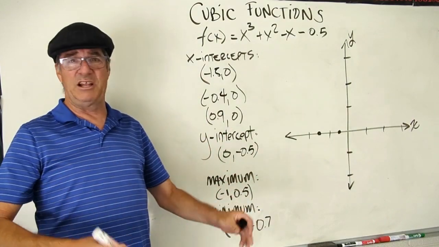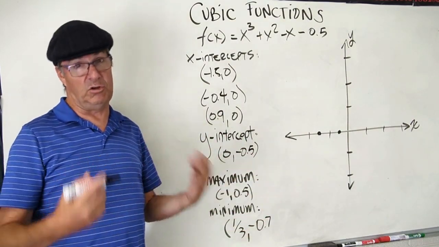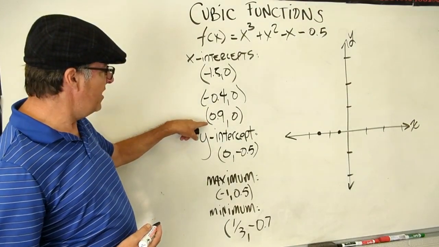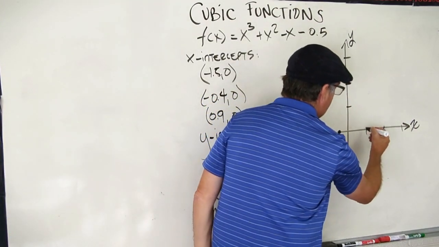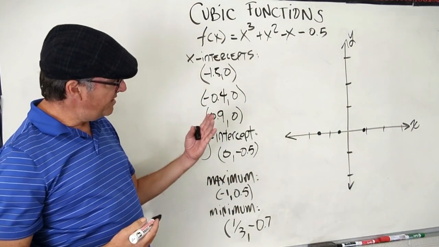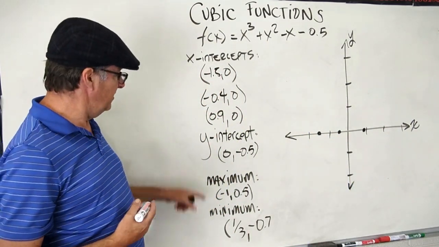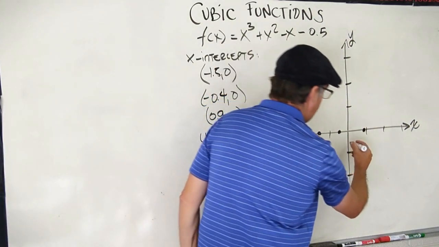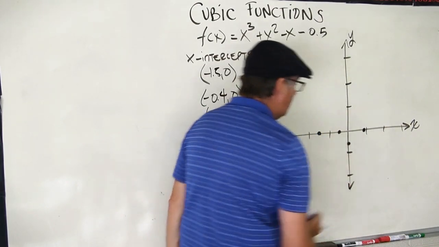And so they don't generate really clean intercepts like a lot of quadratic equations will do. Okay, my last one is 0.90. So that's going to be somewhere right about there. Okay, so those are my 3 x-intercepts. How about the y-intercept? That's 0, -0.5. That's going to be right there.